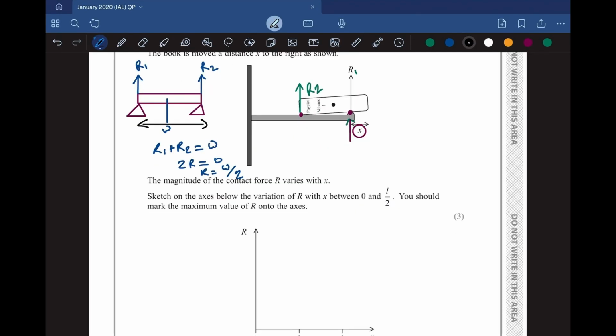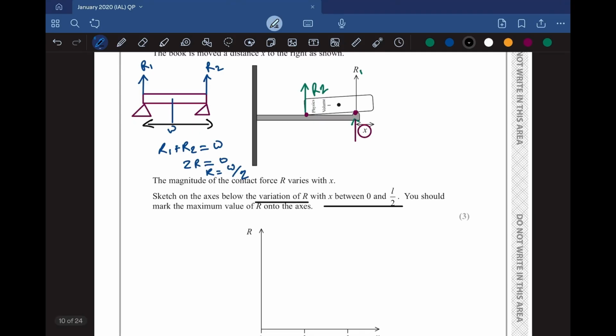Now the question was talking about sketching on the axis the variation of R, how R will vary with x between 0 and L by 2. So when x will be between 0 and L by 2, at this moment x has a value, right? When will x have a value of 0? The x will have a value of 0 right here. Why?